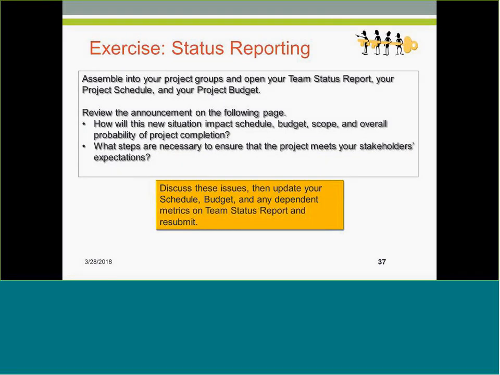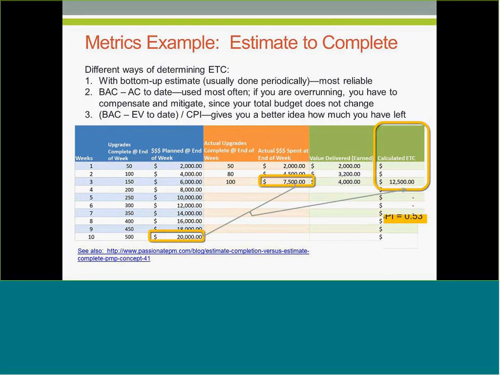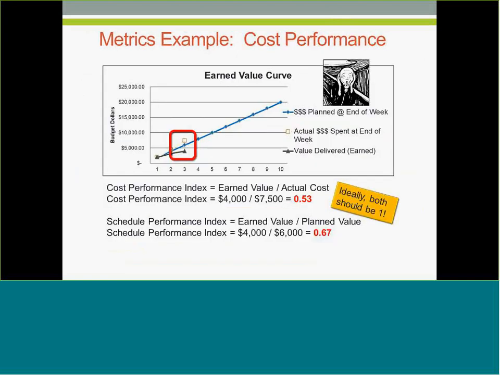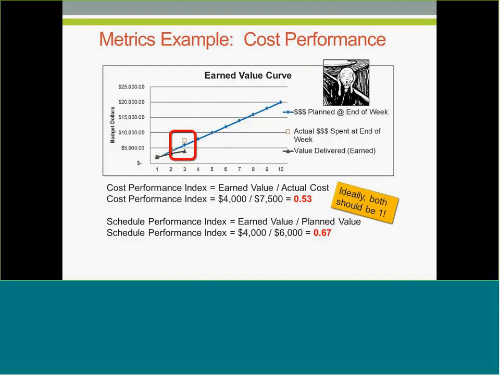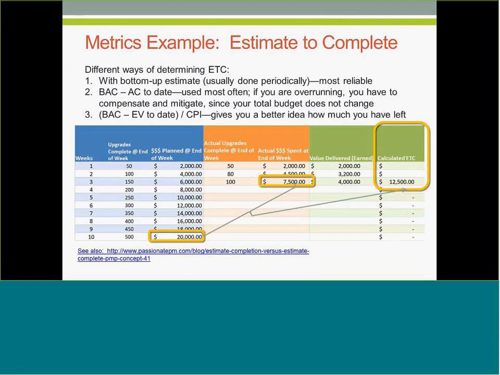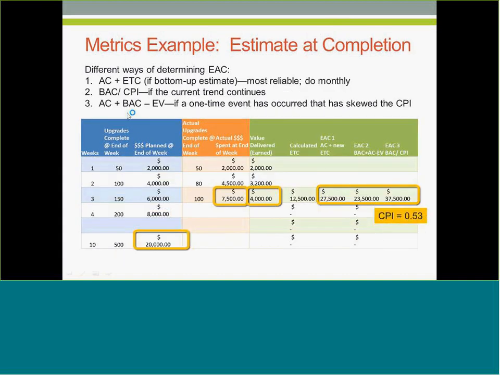That includes our EVM, earned value management terminology: earned value, actual cost, planned value, budget at completion, cost performance, schedule performance, estimate to complete. I want you to familiarize yourself, please, with these formulas. I would like you to familiarize yourselves with these formulas for estimate at completion.